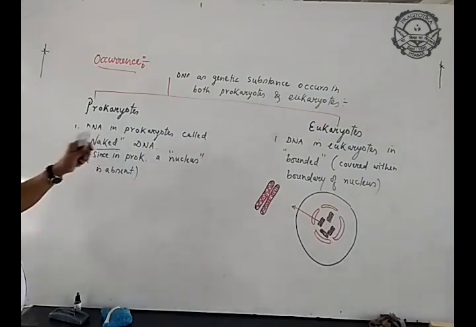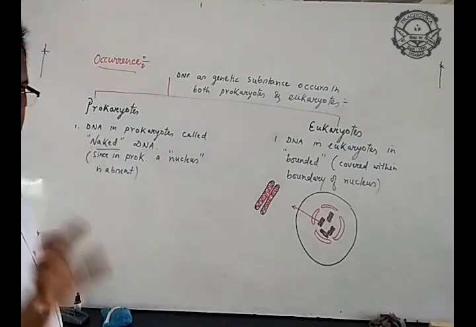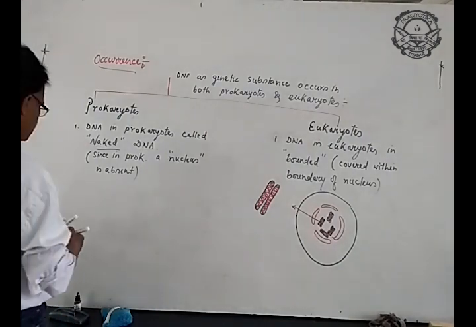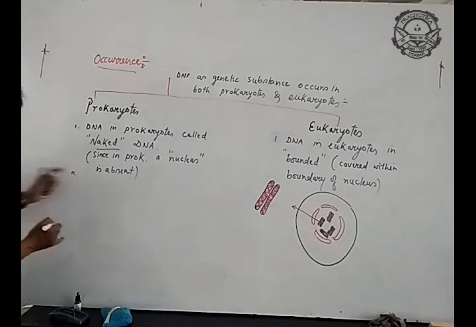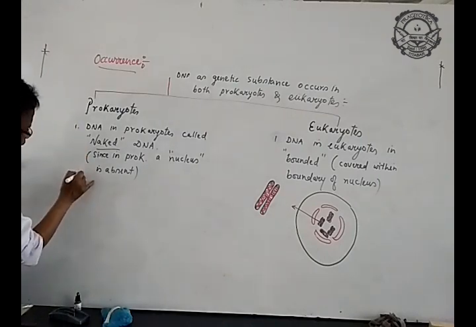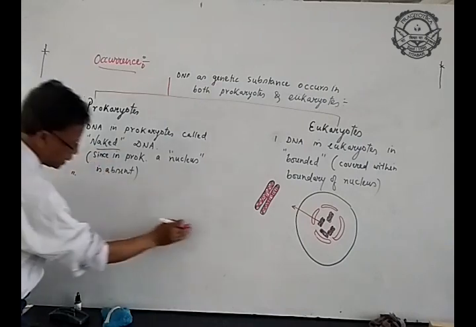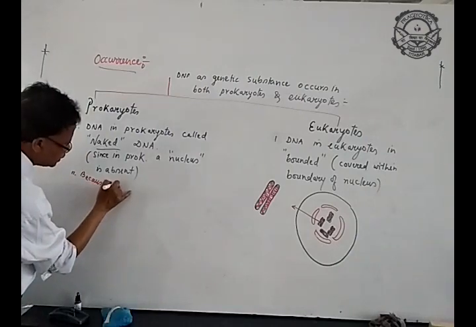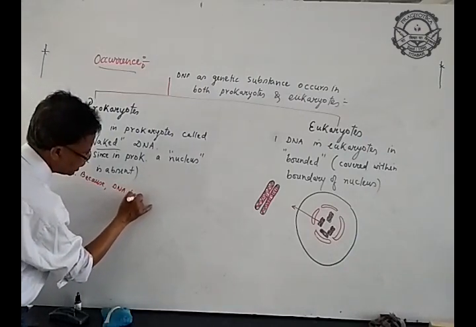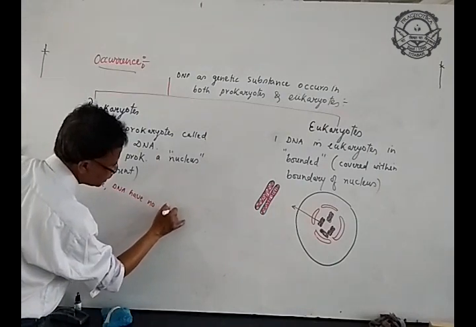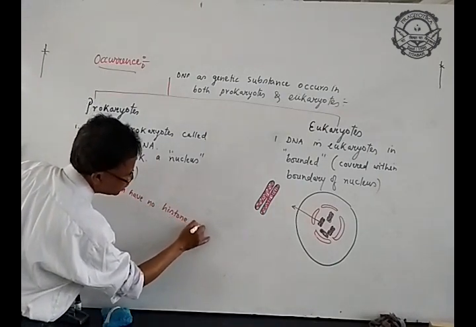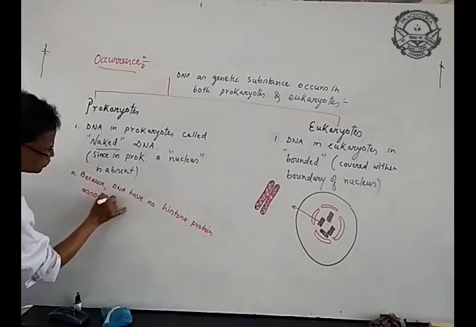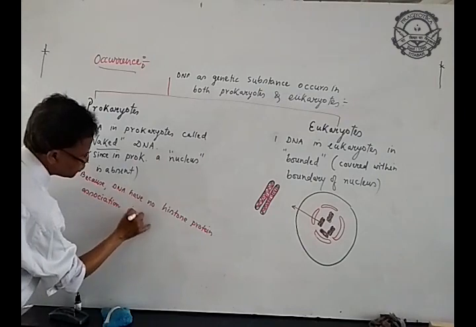The second cause of why prokaryotic DNA is called naked DNA is that it has no histone protein association in prokaryotes.